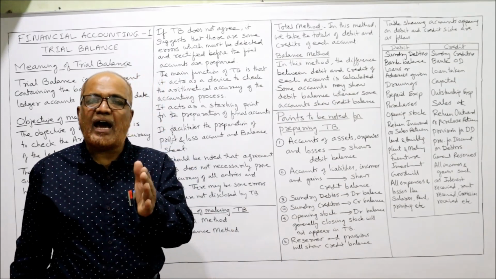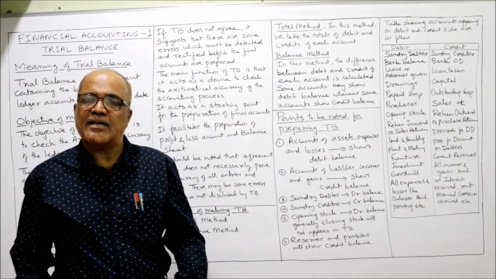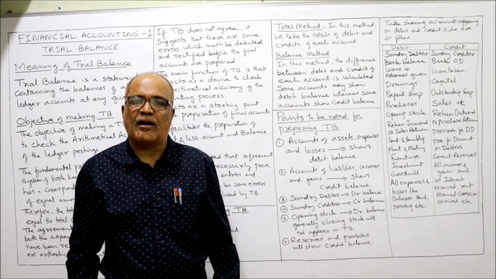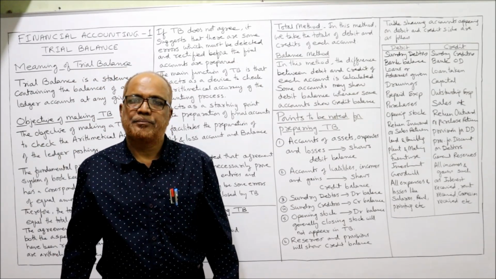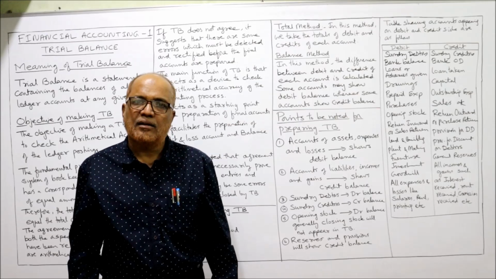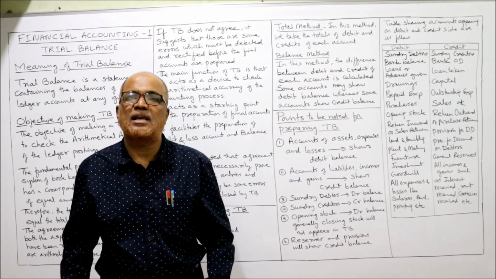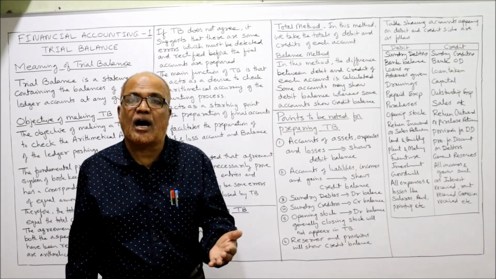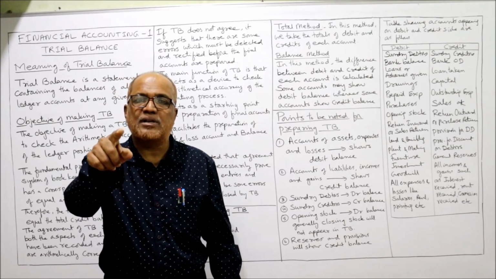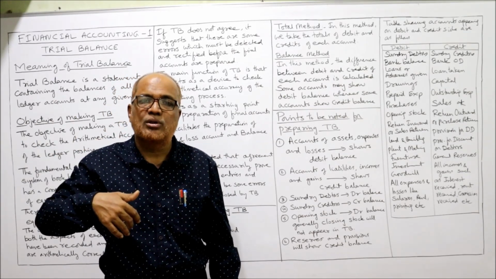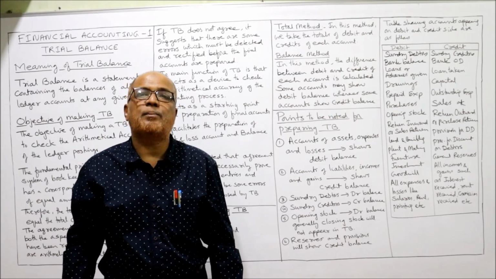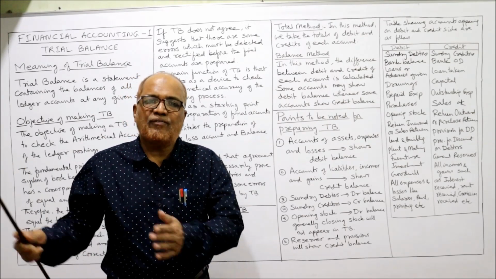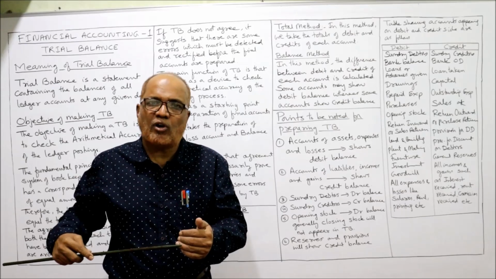Opposite. If an item is a liability, for example, loan taken from bank, outstanding expenses like outstanding salary, outstanding rent, creditors. Creditors are the persons from whom we purchase the goods and we have to make the payment. Suppliers. Normally from suppliers we purchase the goods, we have not made the payment.